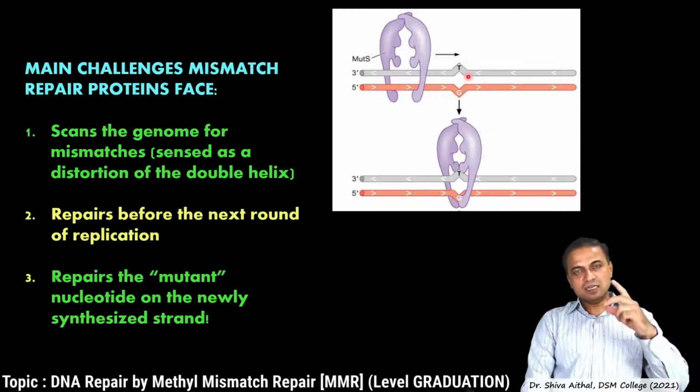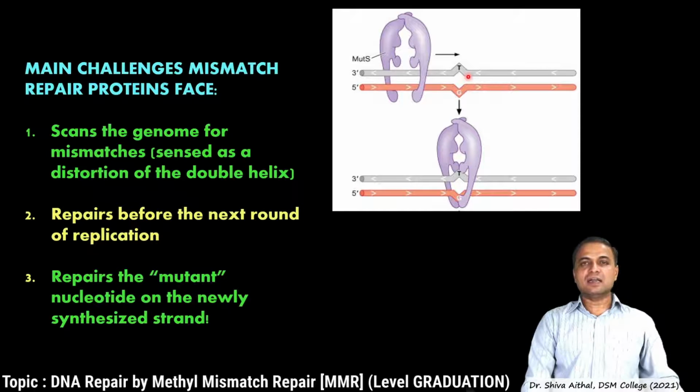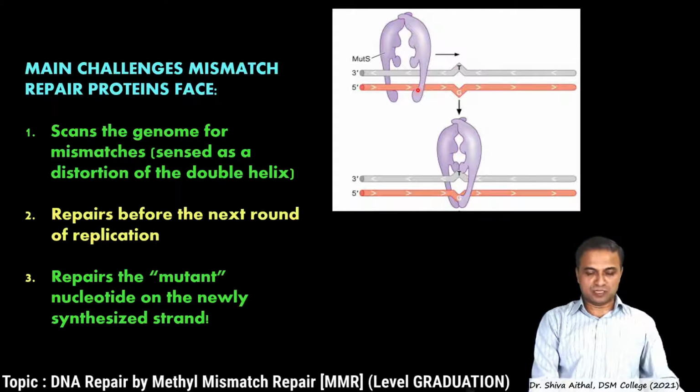Otherwise, once the methylation corrects this mismatch, it will remain there as an error, and in the next rounds of replication, AT will be converted to GC, which we have seen in the base substitution type of mutations. So this has to repair the mutation before the synthesis of new strand takes place.